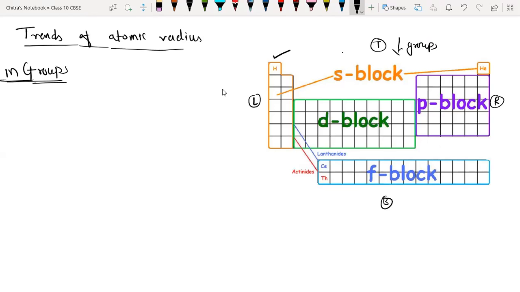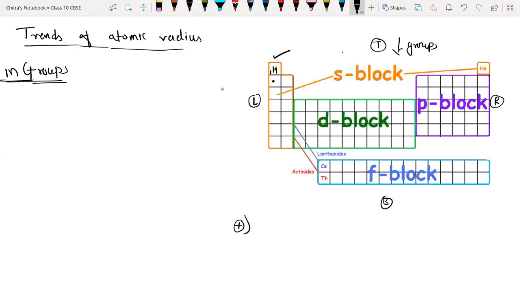See, I'm just discussing the first shell. Suppose here we have the first atom, hydrogen, and hydrogen has atomic number 1 only. That means hydrogen has only one shell. In order to acquire that one electron, hydrogen requires only one shell.